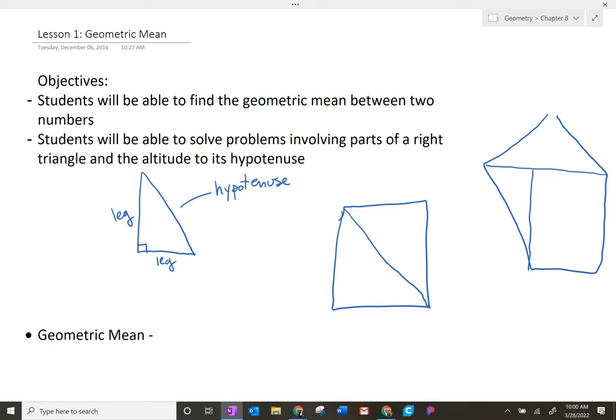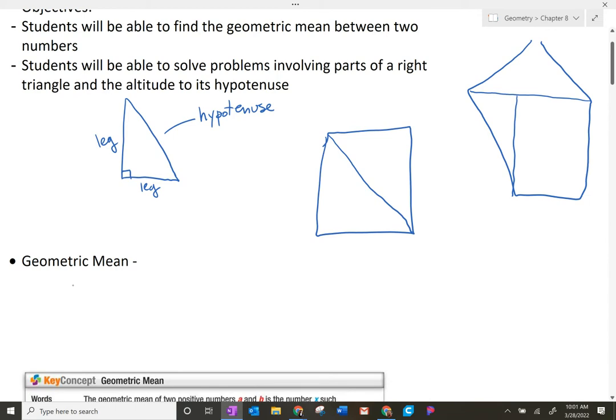The geometric mean is not completely different, but it's going to be different than that. Instead of adding two sides, the geometric mean is going to be side A, or line A, times B. And then we're going to do the square root of both of those.